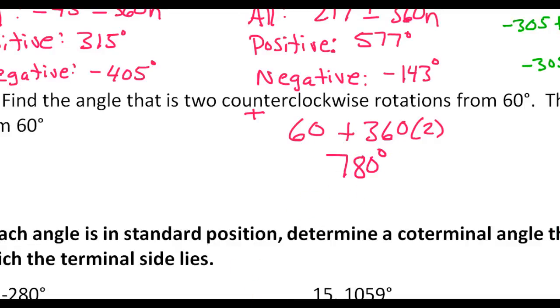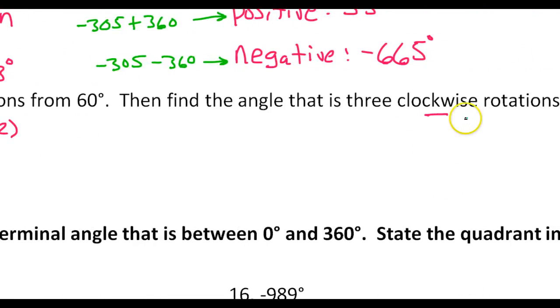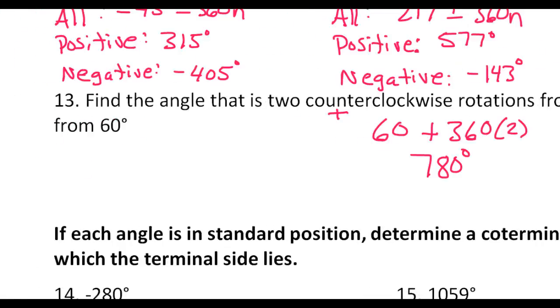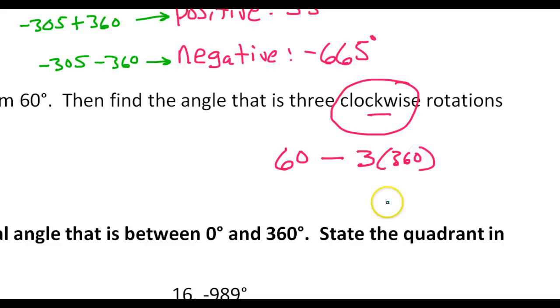Now we're supposed to find the angle that is three clockwise rotations from 60. Because we're doing clockwise, we're doing negative. So start from 60 and subtract. We're doing three rotations, so that's going to be 3 times 360.